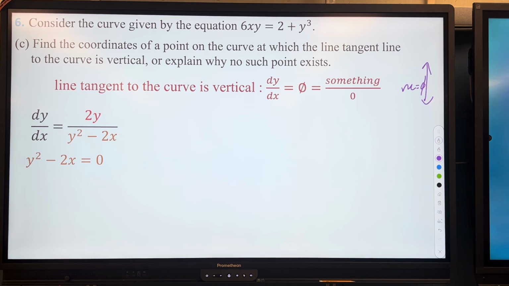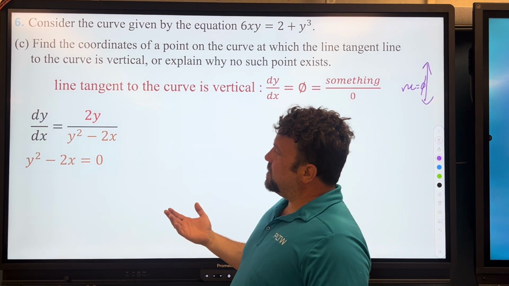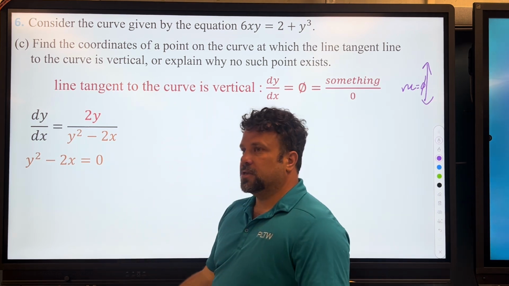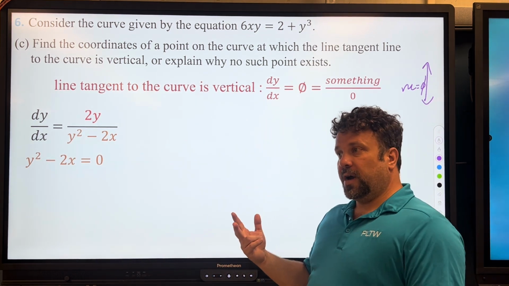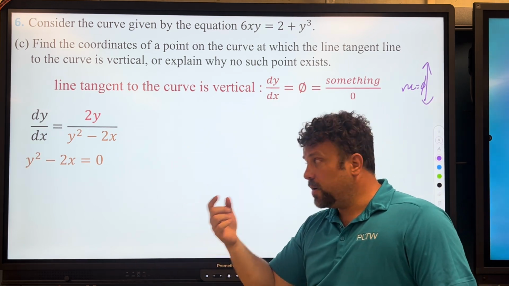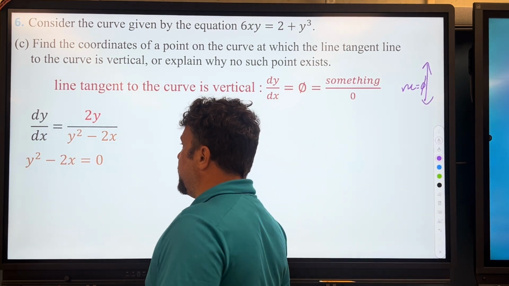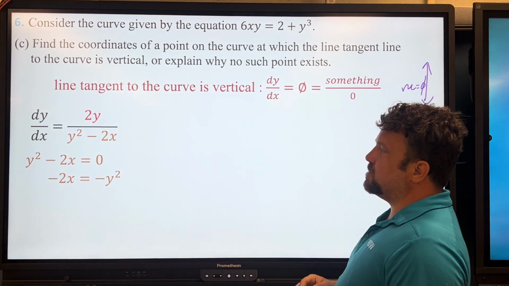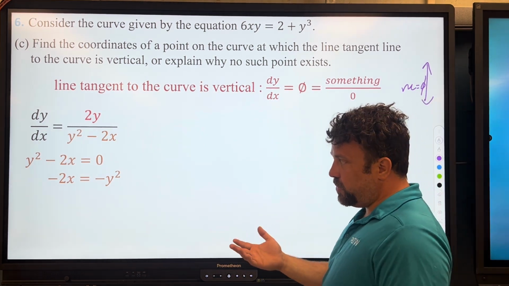Now, since this is true, we want to know what this is. So we have to go back to algebra 1, where you have two variables in equations, and you want to do the substitution where you make it one variable. So we're going to isolate x by itself, x or y, it doesn't really matter.